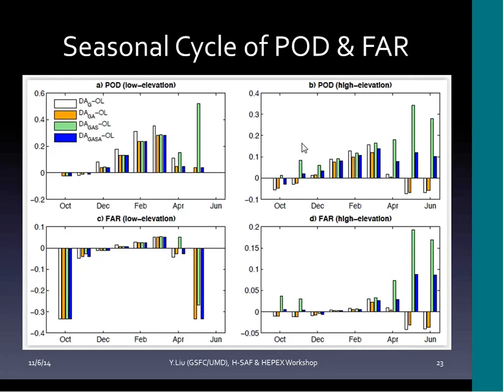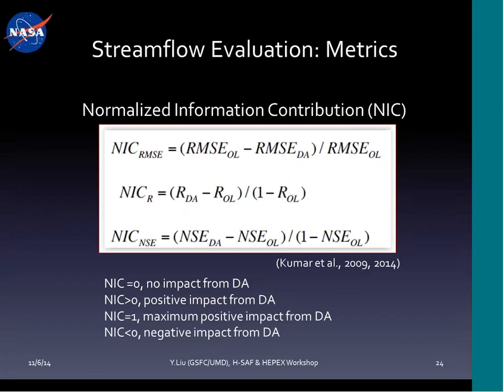But here we see some increases in false alarm ratio actually. This is primarily due to the number of observations that go into this metric. So during the end of the snow season, we really did not have much observation to compute this metric. So that's the reason over there.